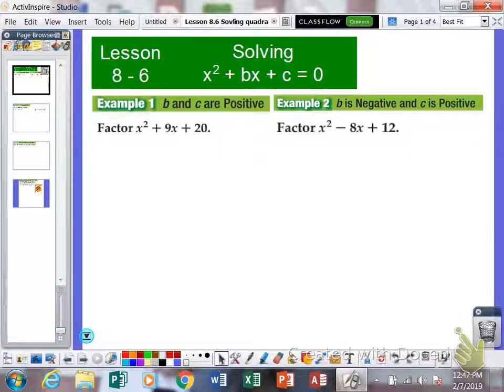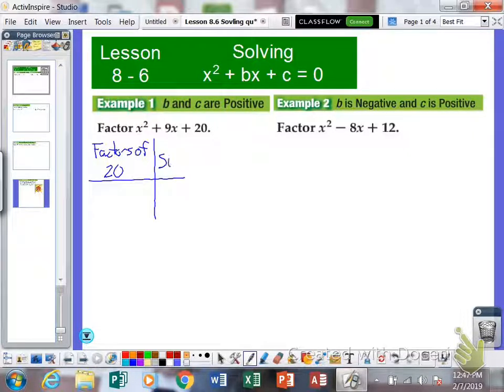So let's start by making a chart here. This is factors of 20, and that's going to be the sum of our factors.